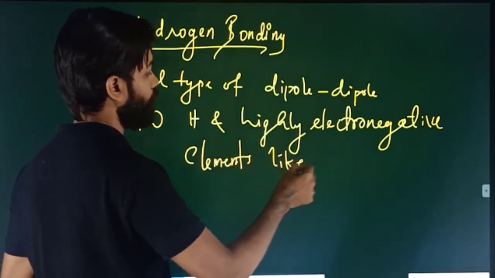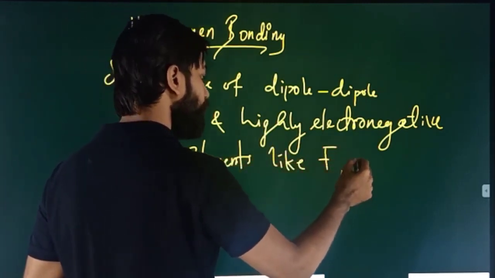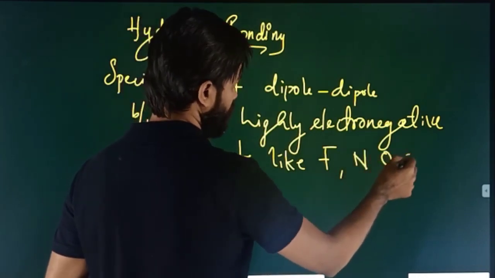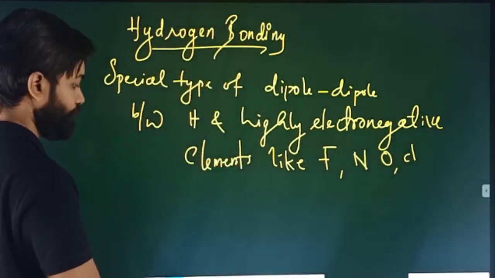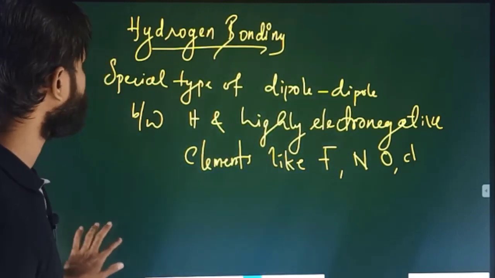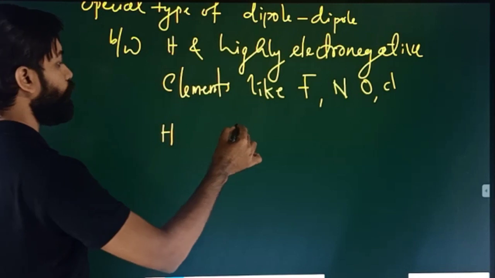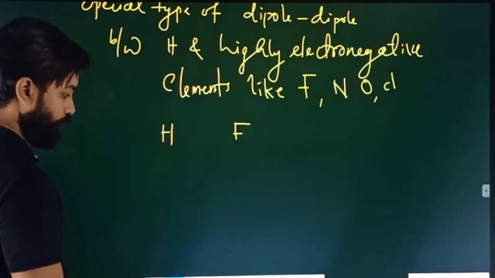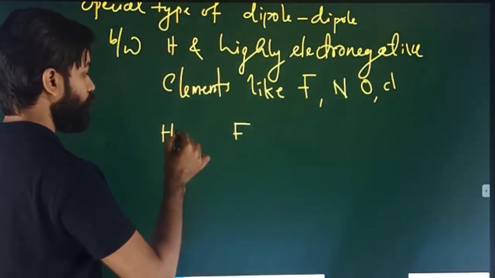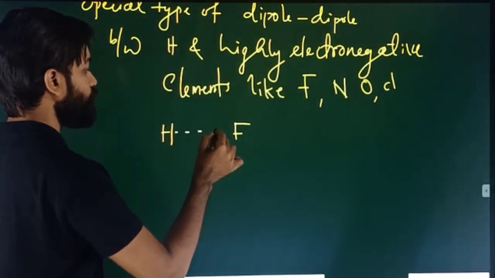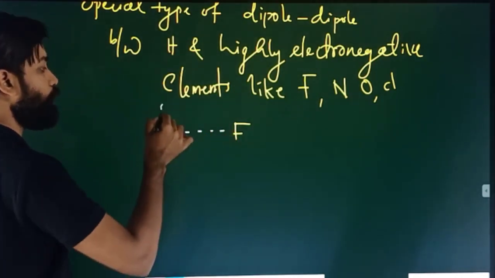Elements like fluorine, nitrogen, oxygen, rarely chlorine. Usually the hydrogen bond may take place between hydrogen and fluorine, and a hydrogen bond is represented by broken lines. It's a dipole-dipole interaction.